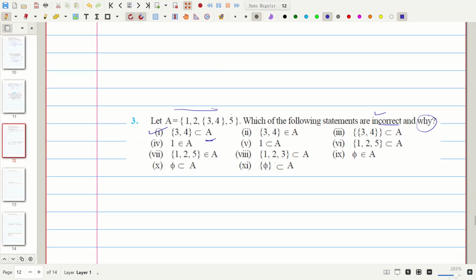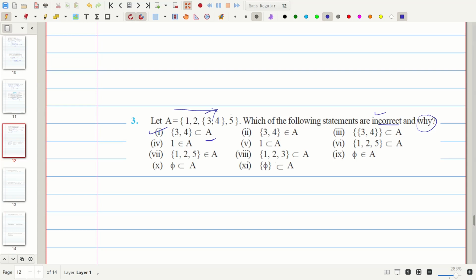A is this set. 3/4 is in the basic set, but the statement is not correct because 3/4 is one element here.